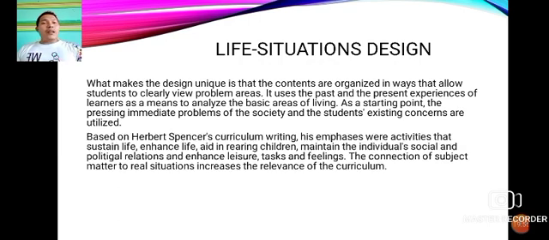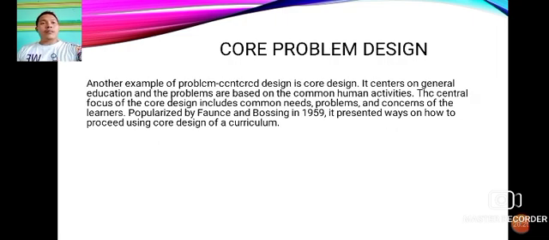Based on Herbert Spencer's curriculum writing, the emphasis is on activities that sustain life, enhance life, aid in rearing children, maintain the individual's social and political relationships, and enhance leisure, tasks, and feeling. The connection of the subject matter to real situations increases the relevance of the curriculum.